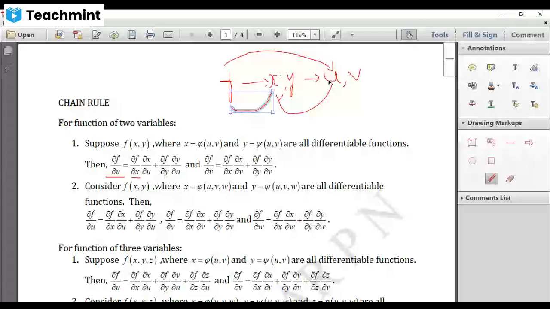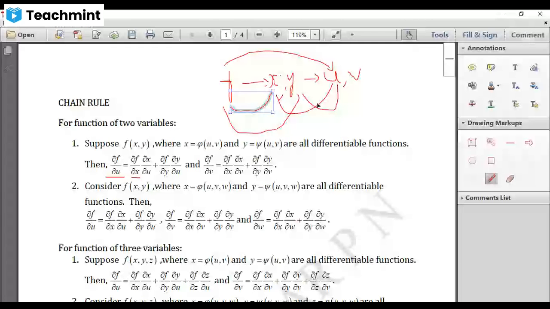Partially differentiating, because your x contains two independent variables. So while differentiating x with respect to u, you have to keep the v term as constant. Now plus, differentiate f with respect to y into differentiate y with respect to u. Remember, while differentiating y with respect to u, you have to keep v as constant.